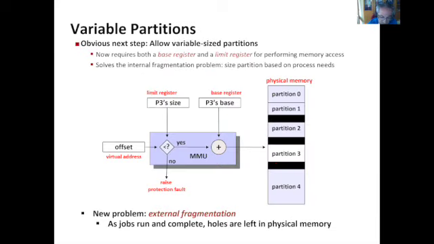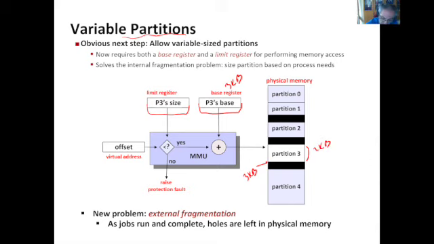So we can resolve this using variable partitions. In this case, for each process, we store the base of the physical memory plus the size of the particular process. For example, imagine that I have this partition 3, starting at 3 kilobytes, and its size is 2 kilobytes.